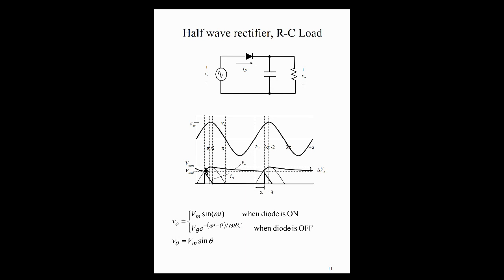However, as the voltage decreases, the capacitor discharges, and in this region you observe that the current flowing through the diode would be 0.